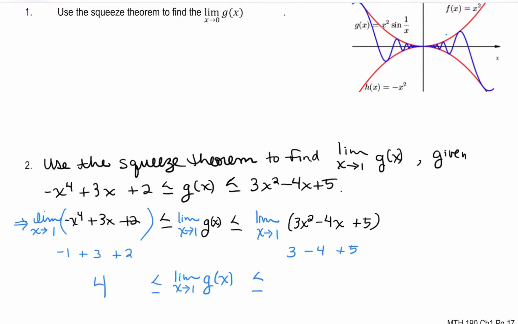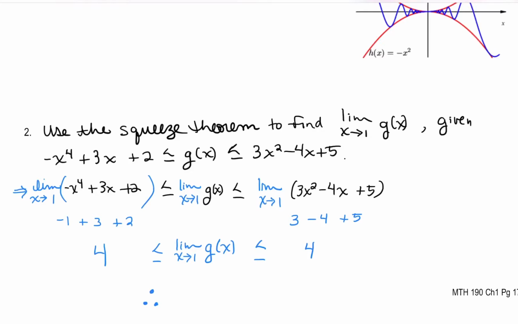So again, we're just evaluating that limit at x equals 1. So if this quantity I'm searching for is both greater than or equal to 4 and less than or equal to 4, then that implies that this limit has to equal 4.